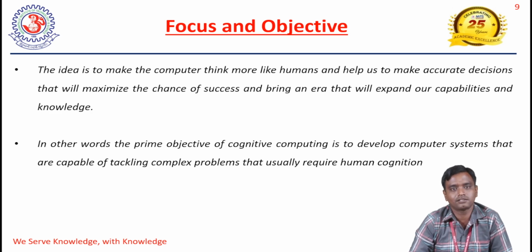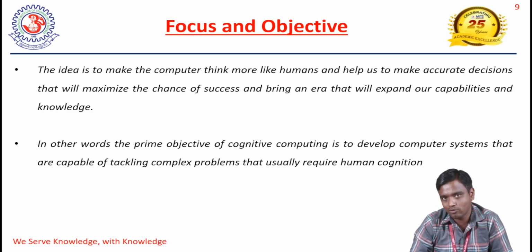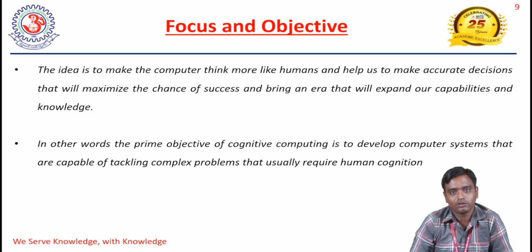So the idea is to make the computer think more like humans and help us to make accurate decisions that will maximize the chances of success and bring an era that will expand our capabilities and knowledge. So again, what we saw with the example of a doctor, the idea is to make the computer think more like humans. So the computer will help us to make accurate decisions and maximize the chance of success.